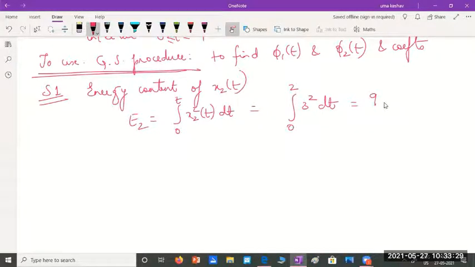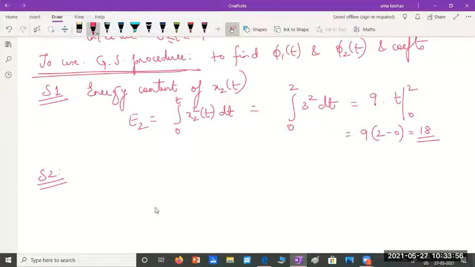This 9 comes outside. Integral 1 dt is t in the range 0 to 2. So this will be 9 into 2. Is that right? Yes or no? Any doubts so far?